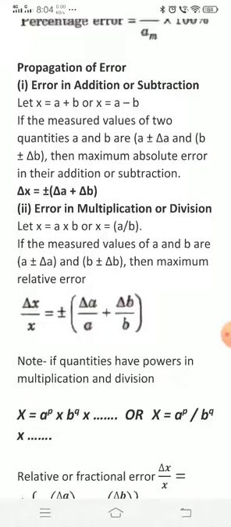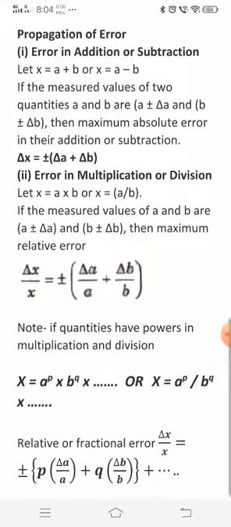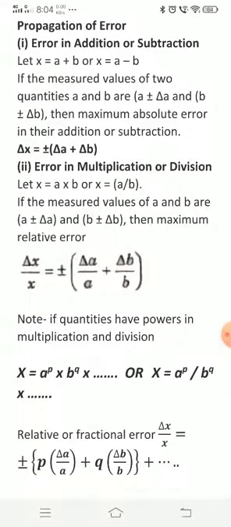Suppose a quantity is represented as x equal to a plus b or x equal to a minus b, and we are getting errors as delta a and delta b respectively, then the absolute error in the measurement of x will be delta x equal to plus minus, delta a plus delta b.